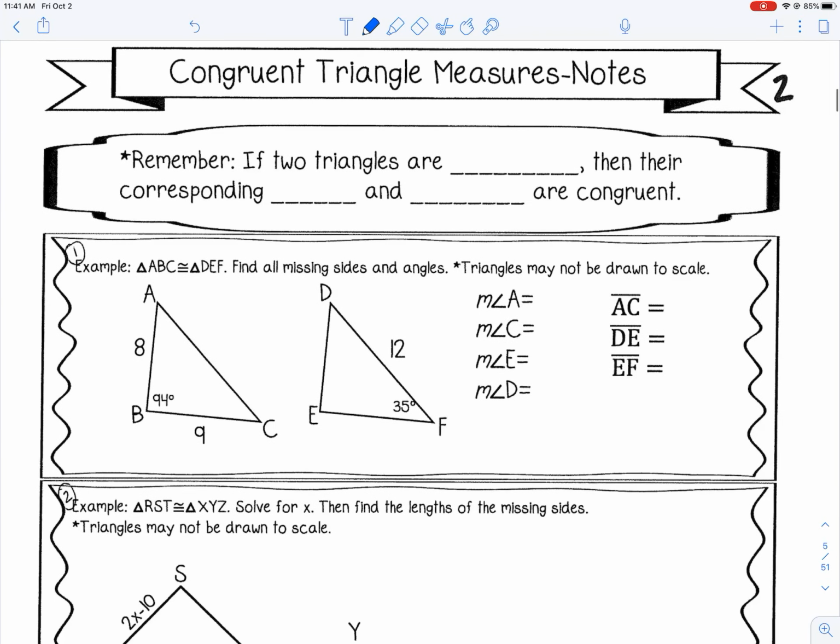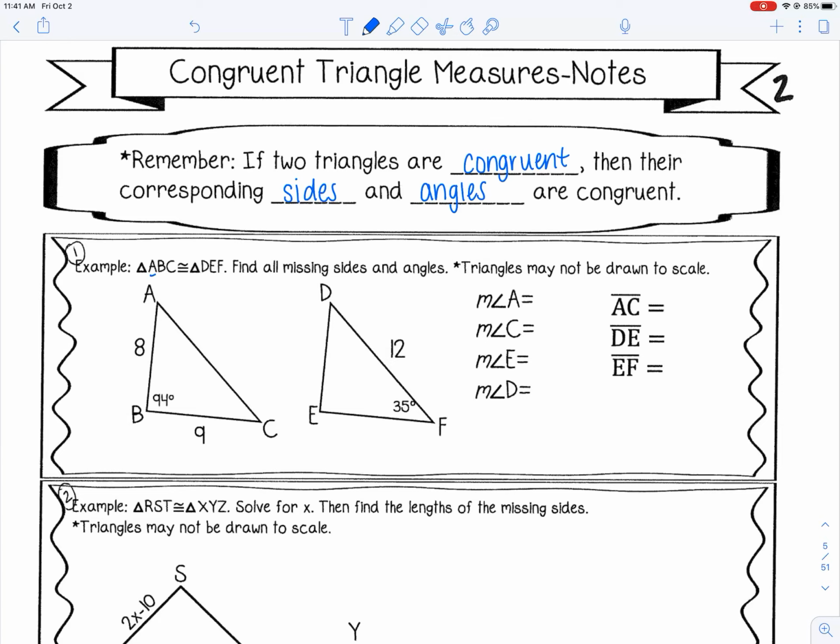So if we scroll to page 2, we're going to look at congruent triangle measures. So if two triangles are congruent, then their corresponding sides and angles are congruent. So if we look at example 1, we can mark that picture based off of the triangle congruency statement.